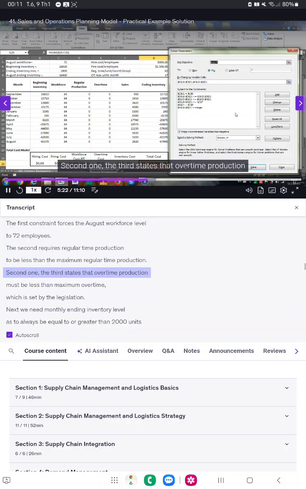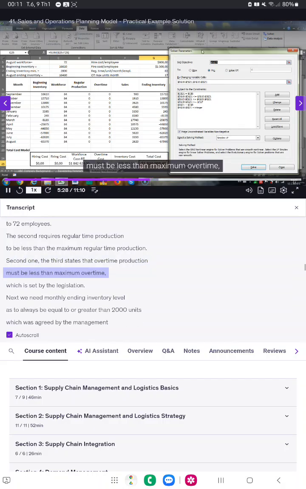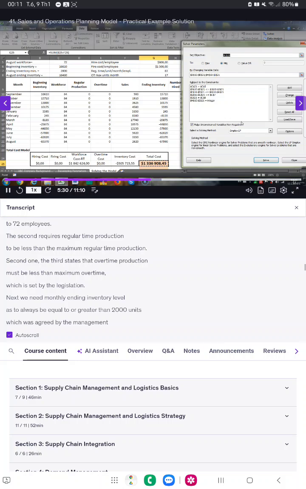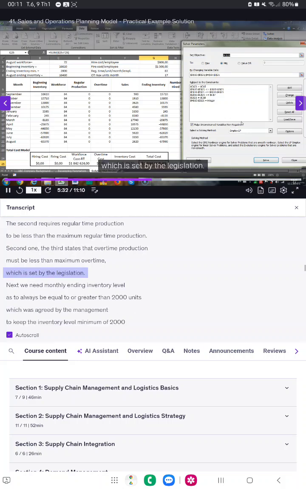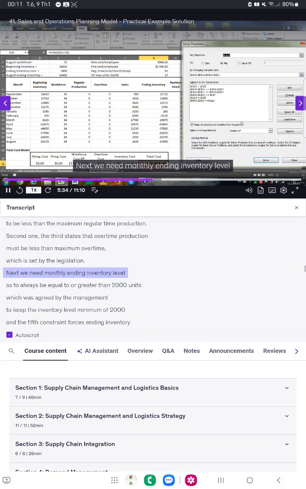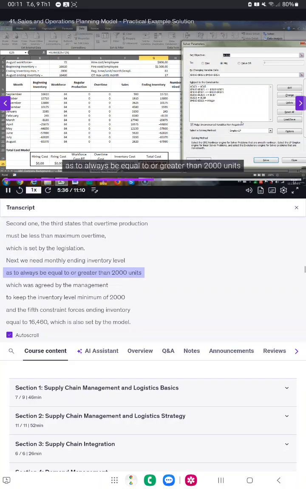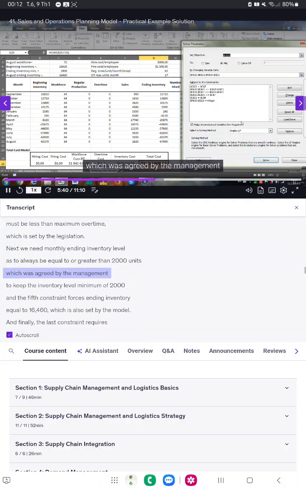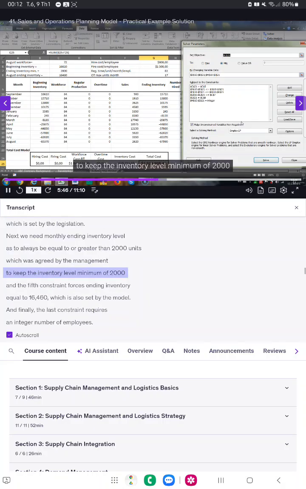The third states that overtime production must be less than maximum overtime, which is set by the legislation. Next, we need monthly ending inventory level to always be equal to or greater than 2,000 units, which was agreed by the management to keep the inventory level minimum at 2,000.